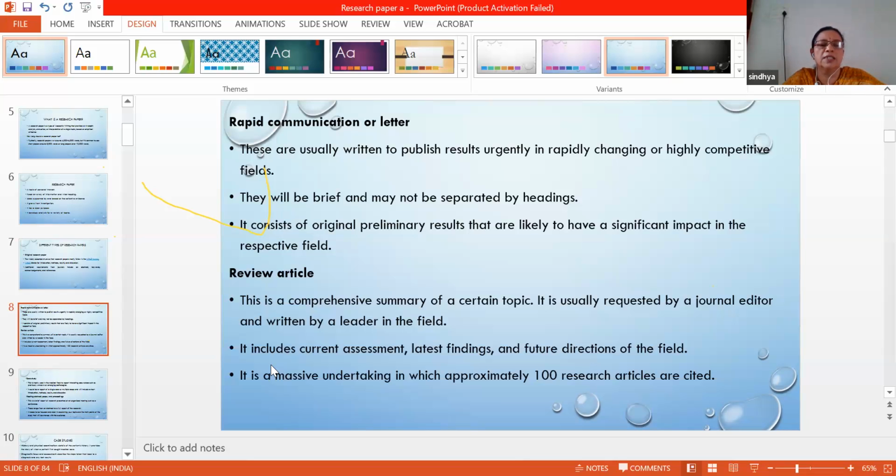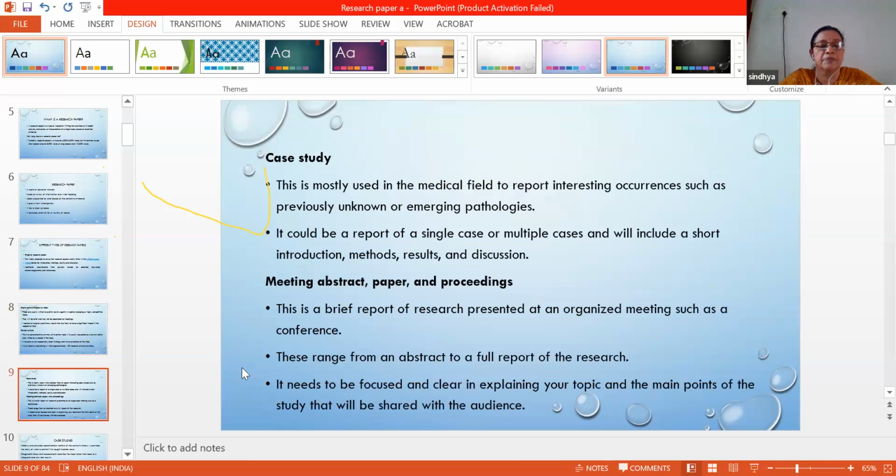That is why usually it is done by an expert or a leader in the field, or a journal editor can write a review article regarding the various articles published in the journal. So that kind of research paper also comes under the category of research paper.